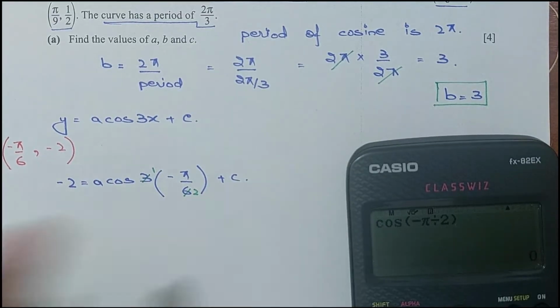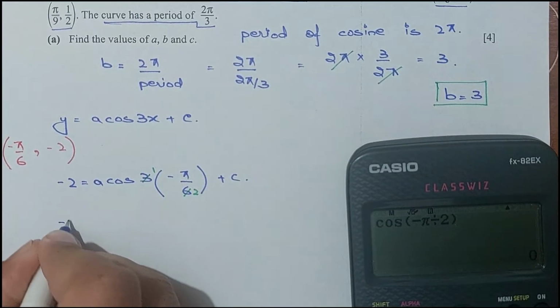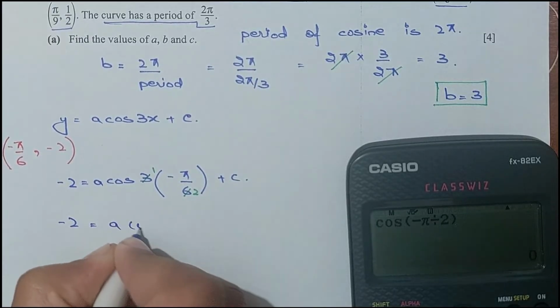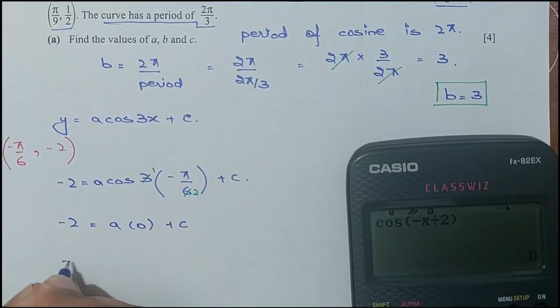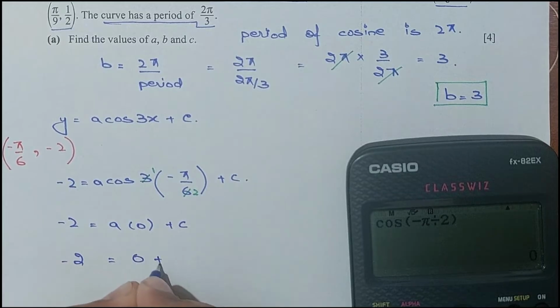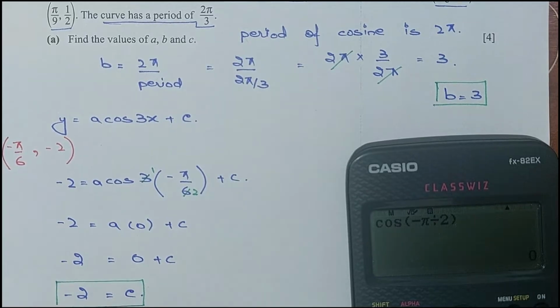So this thing would be 0. So minus 2 equals a into 0 plus c. So negative 2 equals 0 plus c. So the c value is negative 2. We got the c value, which is an integer.